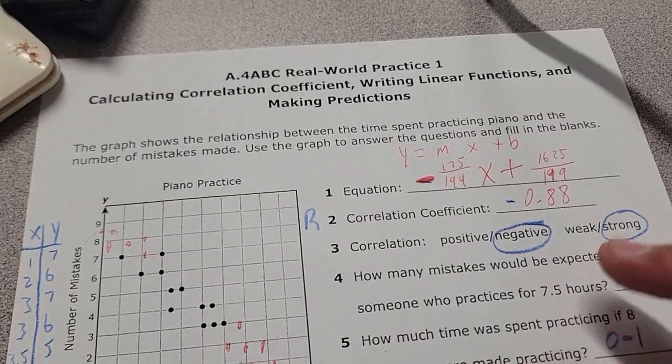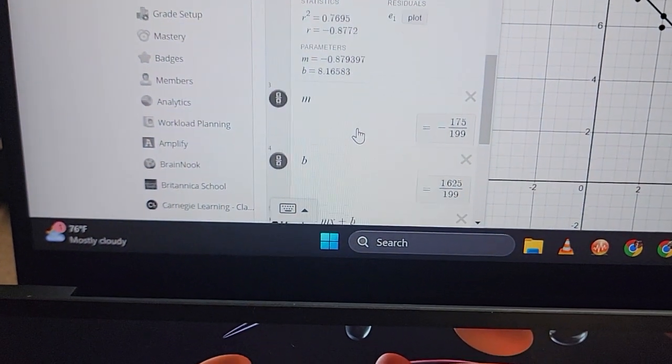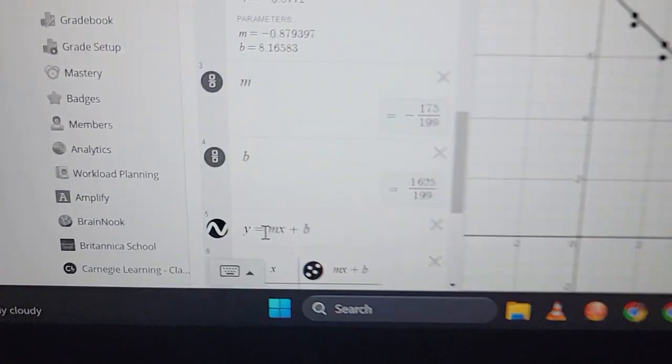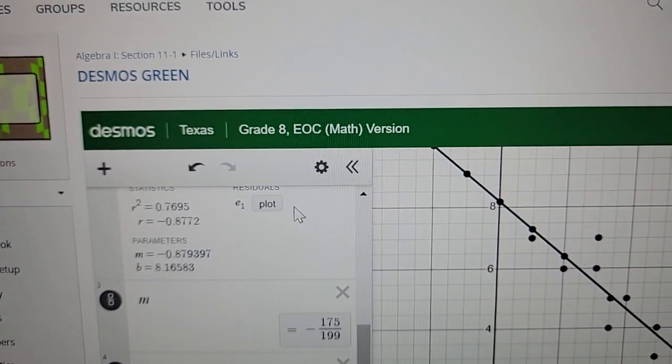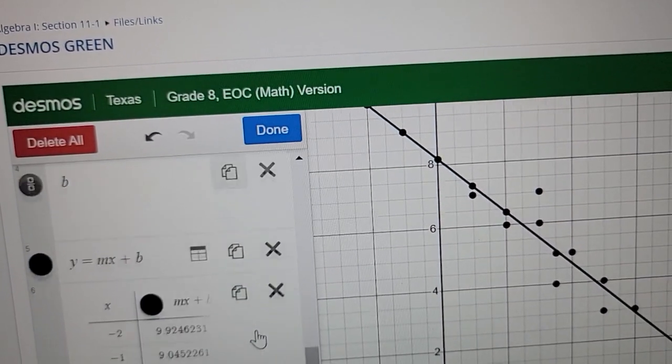Now, how many mistakes would be expected at 7.5 hours? For the time practicing in hours, remember you scroll down and type in y equals mx plus b, just like that. Hit the gear, and then create the table, which I already did.